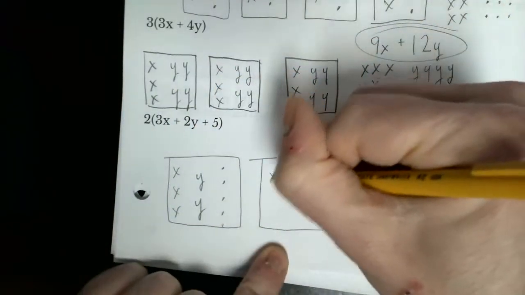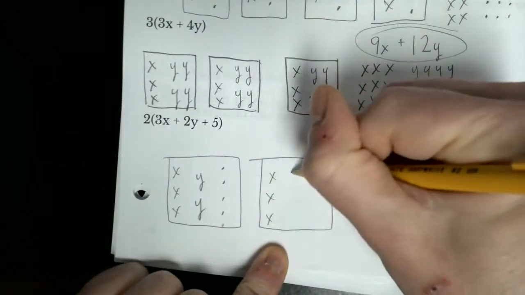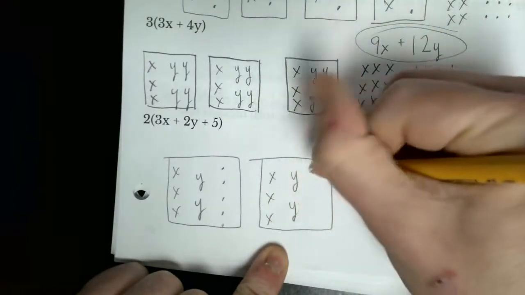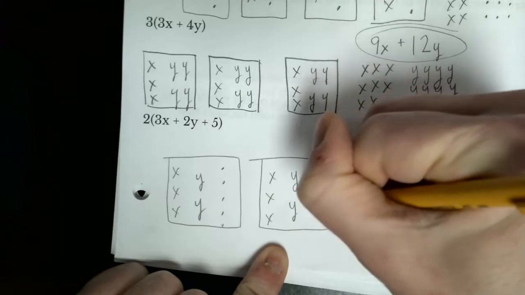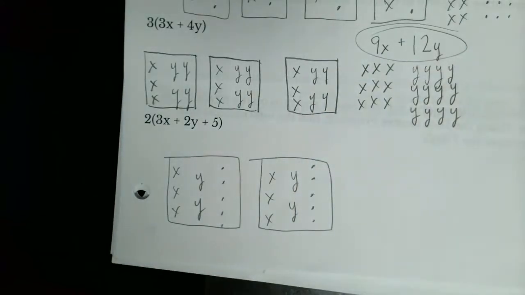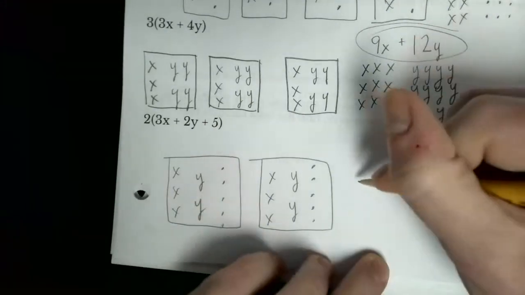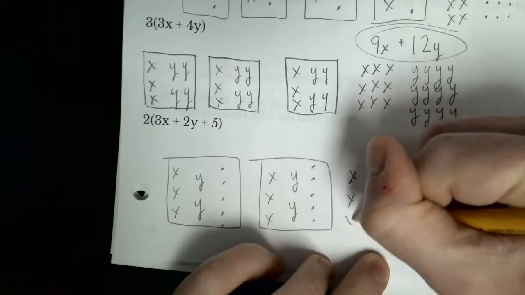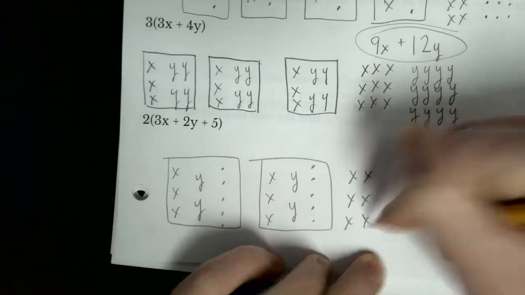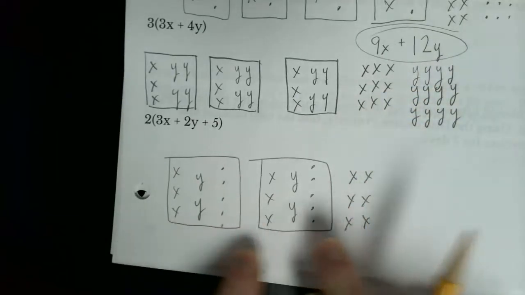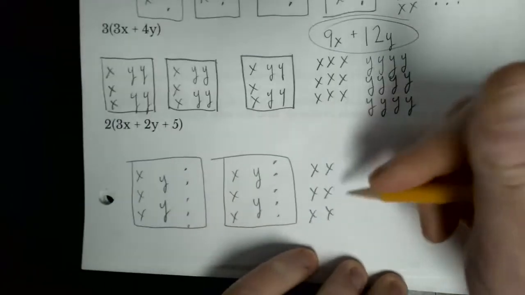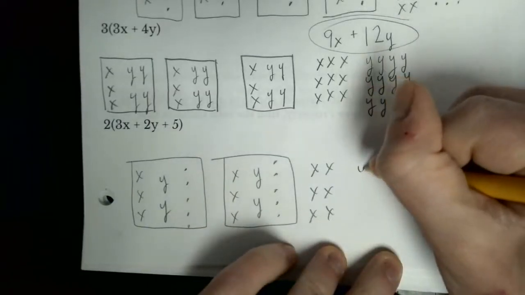Same thing in this group. 3 x's, 2 y's, 5 ones. So now we're going to ungroup them. 1, 2, 3, 4, 5, 6 x's. We have 3 in each group. That's 6 total x's. We also have 4 y's.